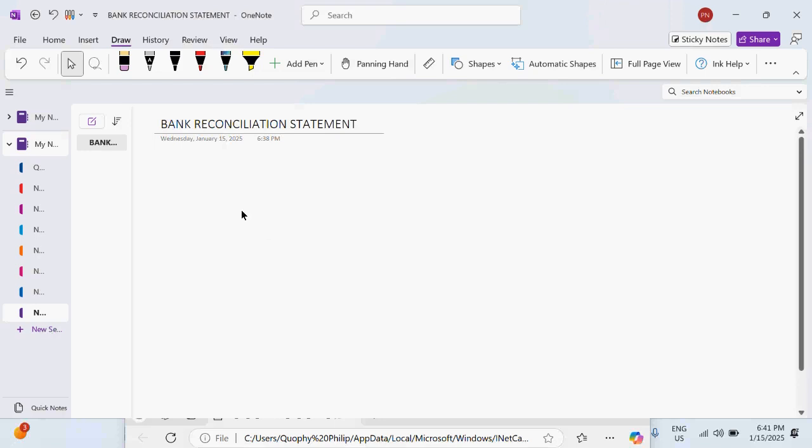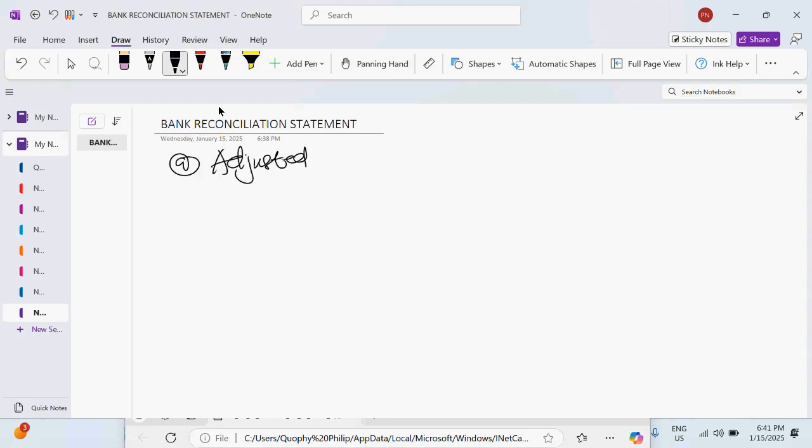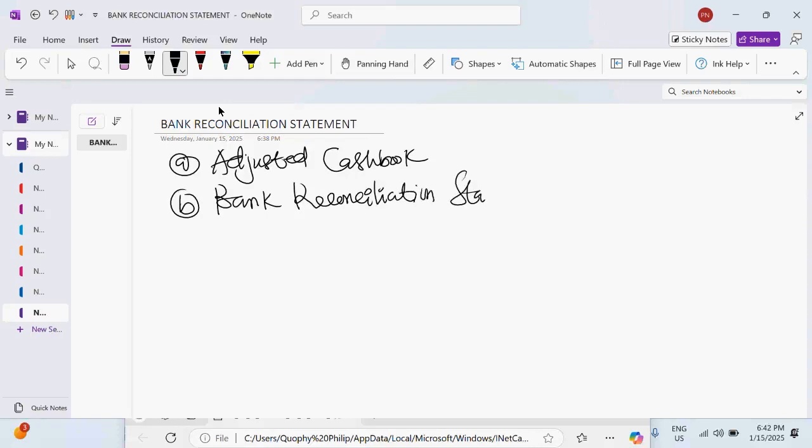All right. So that is the BRS, right? We said that under the bank reconciliation statement, we will be preparing two key accounts: the adjusted cash book, and then the bank reconciliation statement.